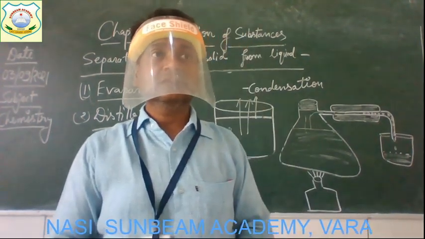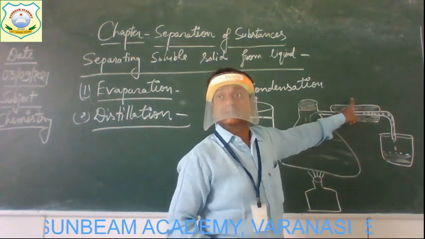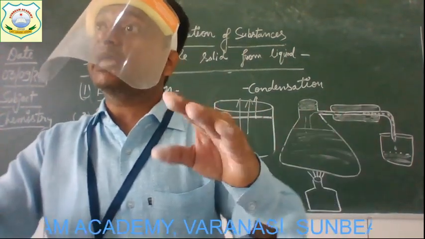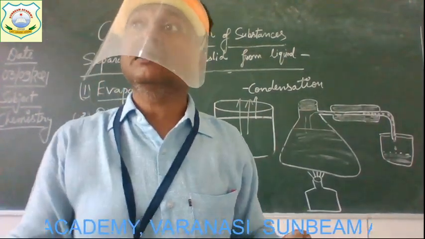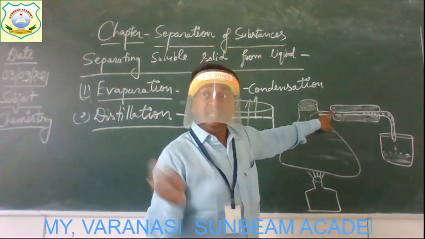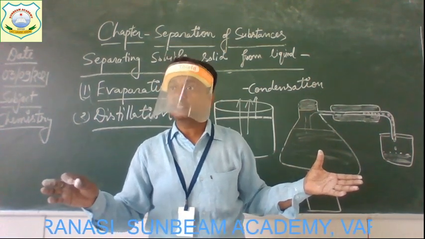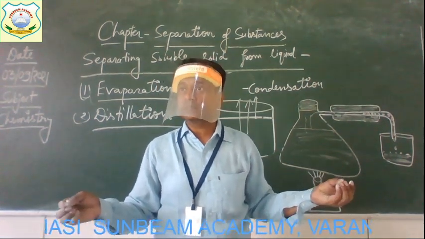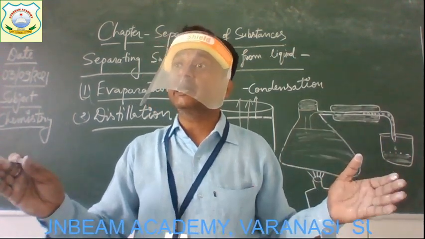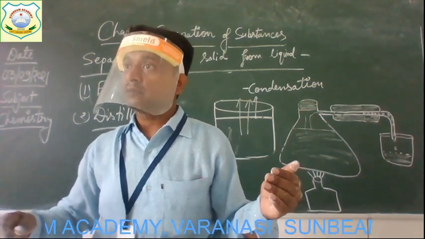Alright, children? Here we have used a kind of condenser. Condenser means a setup by which we can condense water vapors, because the water vapors coming through need to be cooled. Without cooling, the vapors will not come into the liquid state. They will remain in the gaseous state. So a condenser is a setup which cools the water vapors. Get it?